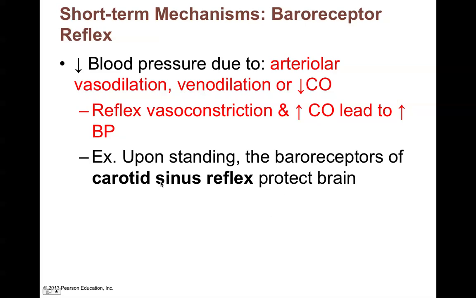Sometimes when people stand up very quickly, they can pass out because they're overcoming this carotid sinus reflex. They have kind of low blood pressure to begin with, and therefore the blood is not delivered as quickly to the brain when they stand up suddenly, and you can pass out then.